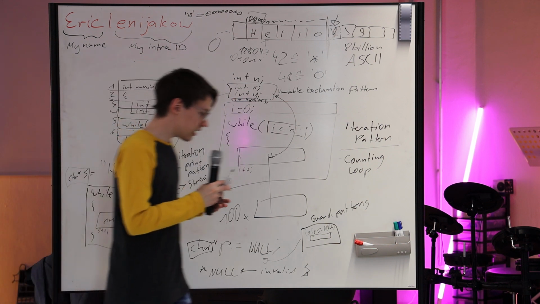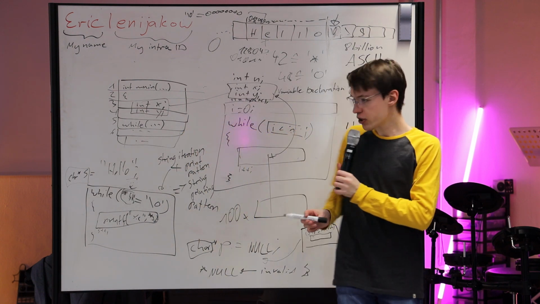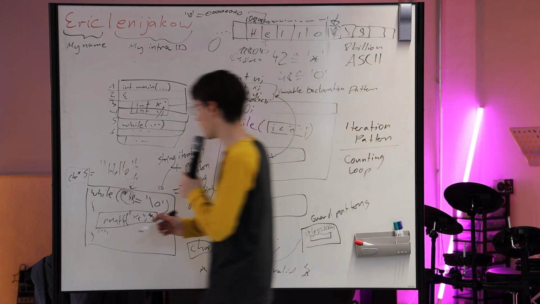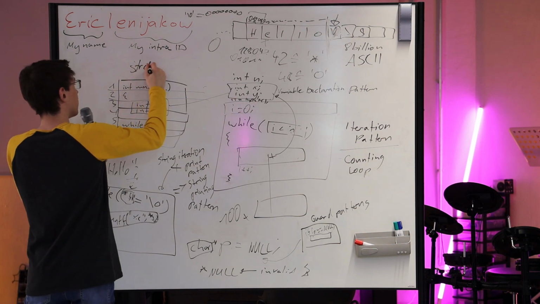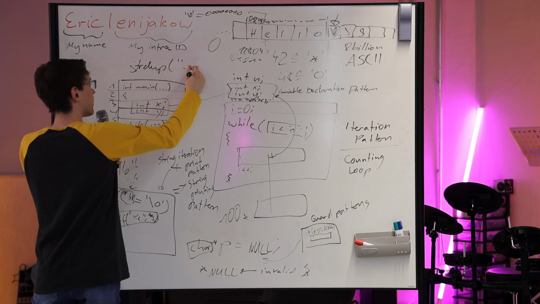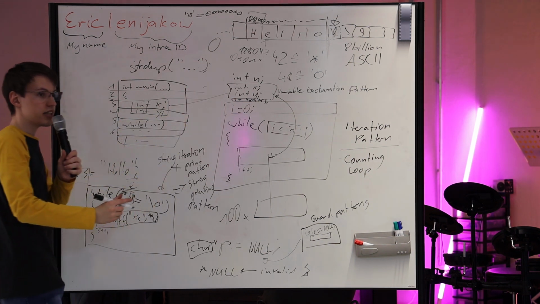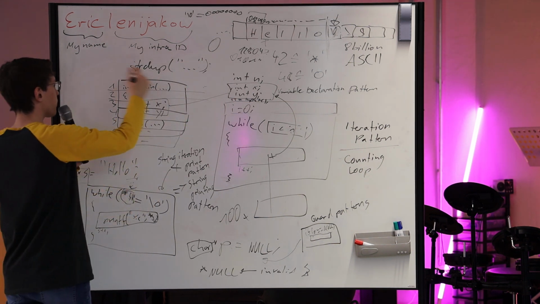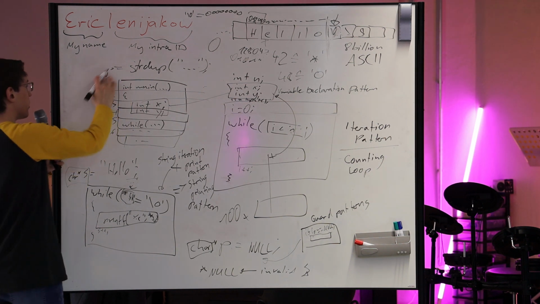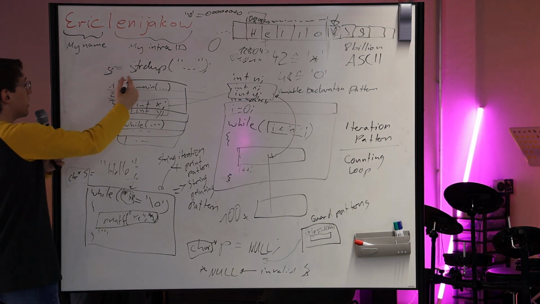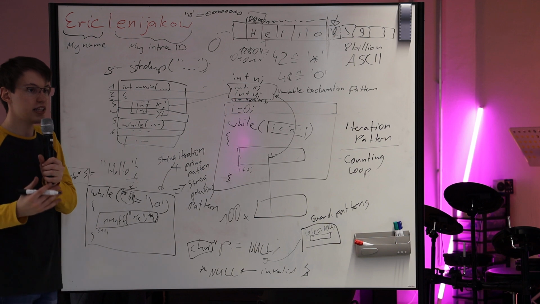Yeah, exactly. There are multiple sources where you can get that. For example, there's a function called str_dub, which duplicates a string and gives you back a pointer that you can put inside of your p pointer or s pointer, whatever you want to call it. This would just give you magically an address.